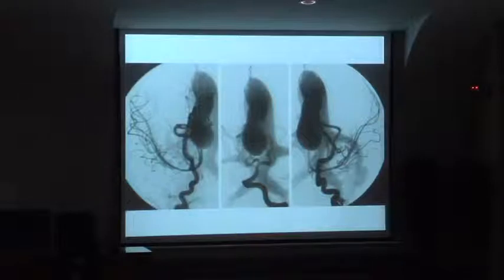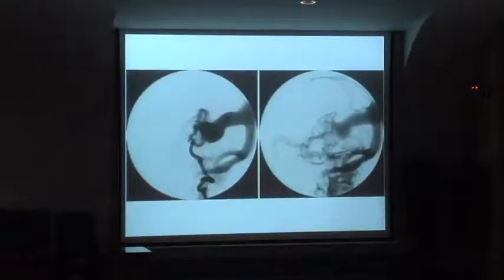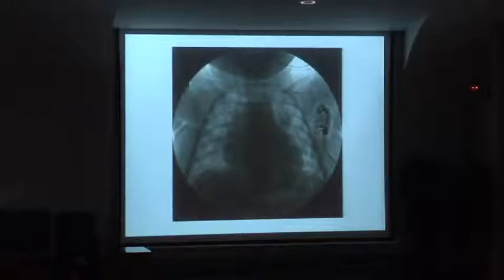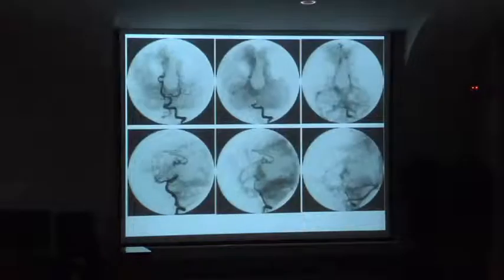You can see right carotid angiography, left, and vertebral basilar system. Hypertrophy of myocardium, and procedure of embolization with coil and help. And you can see the result after only 1 procedure of embolization.